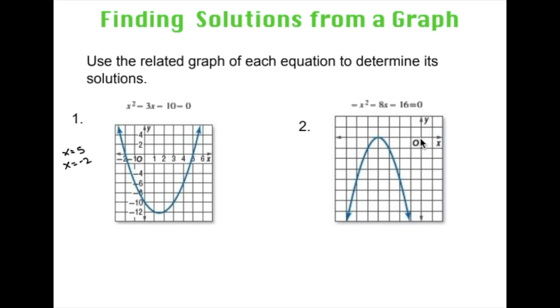So if the origin's right here, we count 1, 2, 3, 4. It's x equals -4. And there's only one solution, just like we said before, because the vertex touches the x-axis. So when it only touches it, there's only one answer.